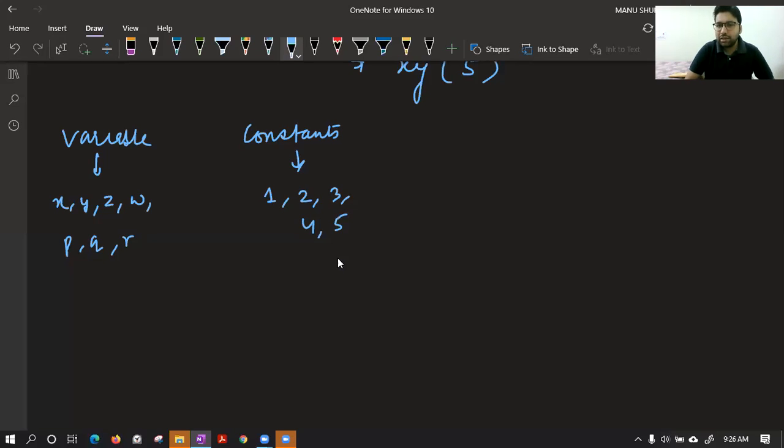The variables can change their value. If you have x, it can take a value 1, it can take a value 2, it can take a value 3. So variables can have many values possible as per the condition, but constants are always fixed. If you are taking 1, it is always 1 only. Whatever the thing is, it will remain 1 only, it will never change. That is why we call it constant, and that is why we call the other one variable.